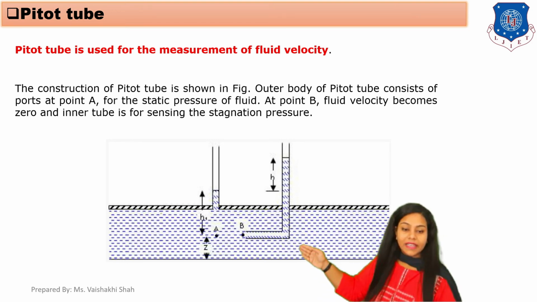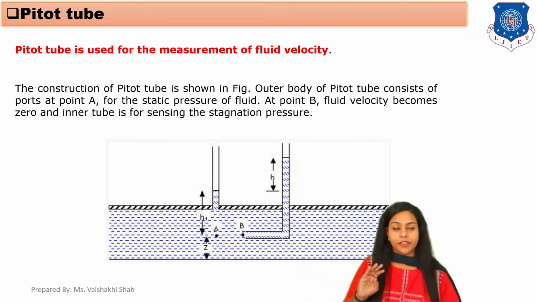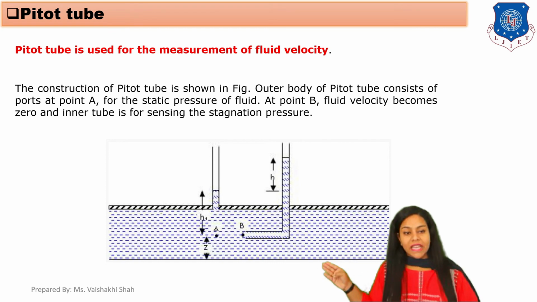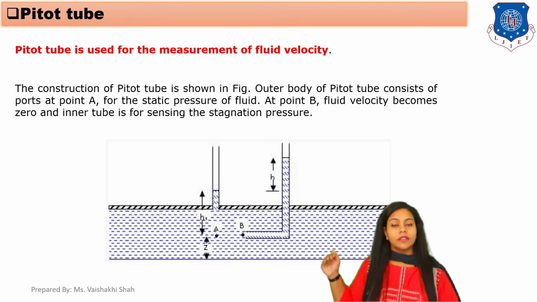At point A we are considering the pressure as static pressure, and at point B the fluid velocity becomes 0, and the inner tube is for stagnation pressure.